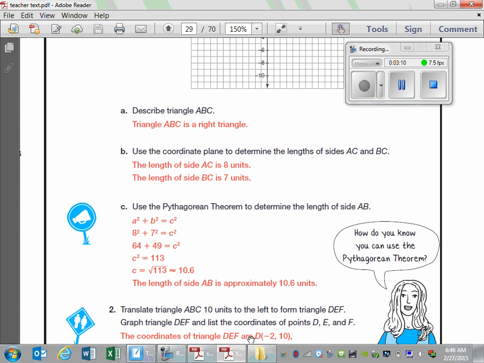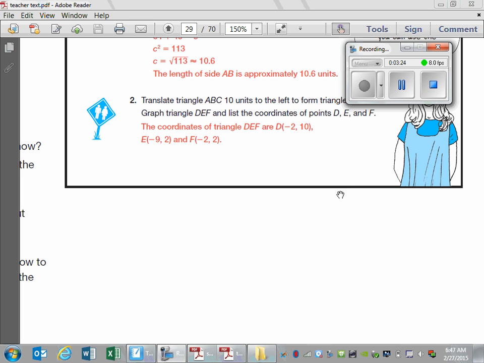So you'll say like D is now negative 2, 10, E is now this, F is now this. So press pause, translate your figure 5 to the left, write down the coordinates, and press play when you're ready. Go ahead and check your work.